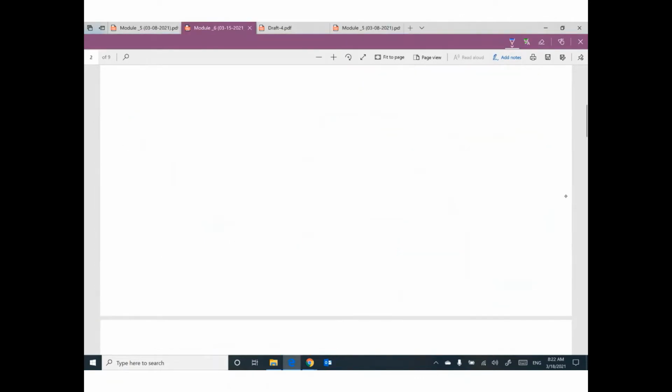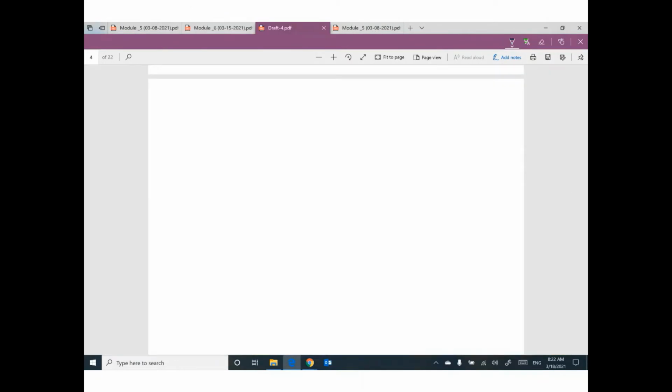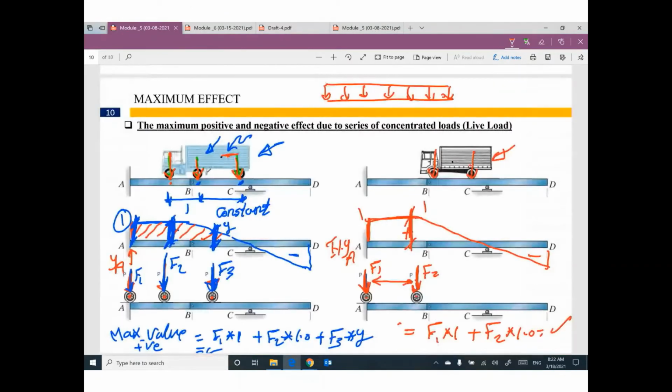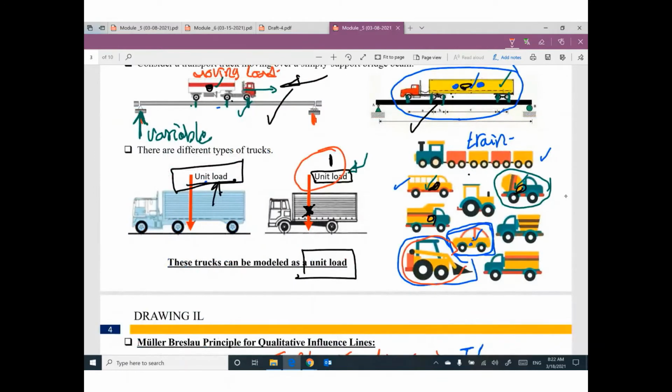So we draw influence line for YA due to unit load. We learned this. What will happen if you have this type of truck, or this type of truck, or this type of truck, or this type of truck? Okay.